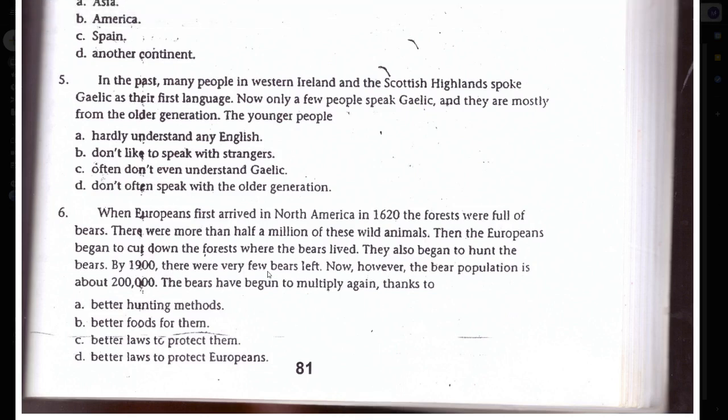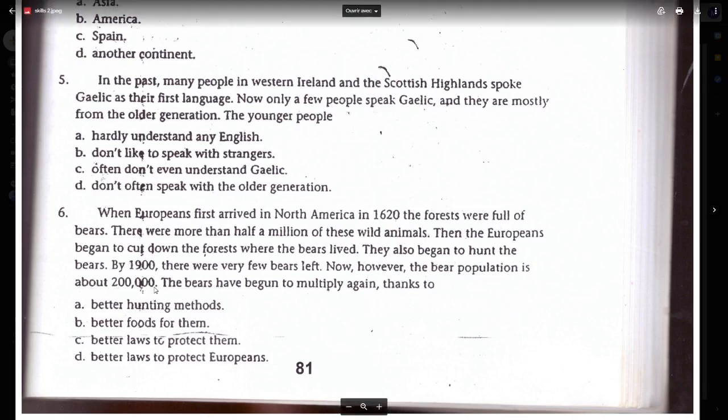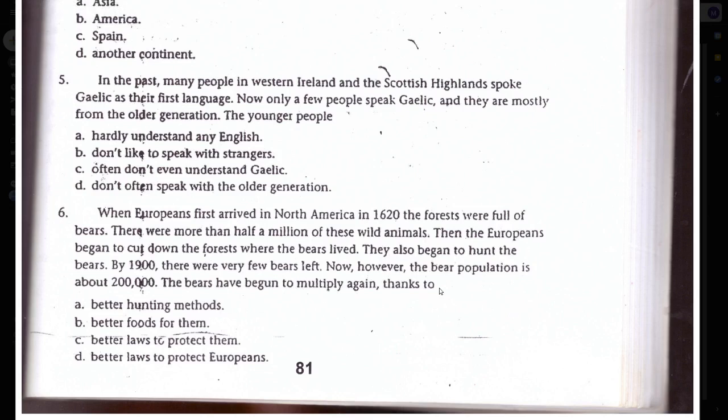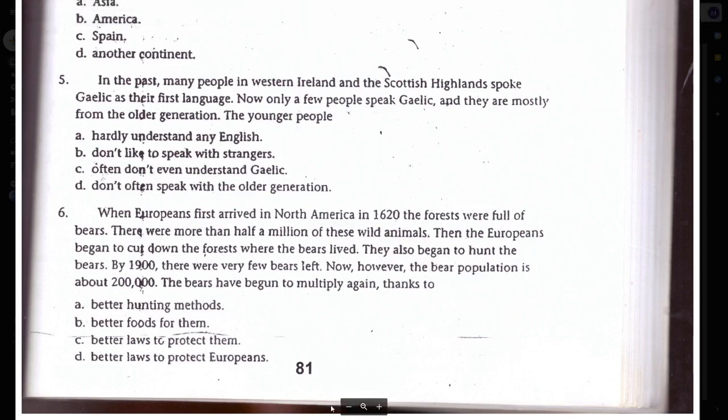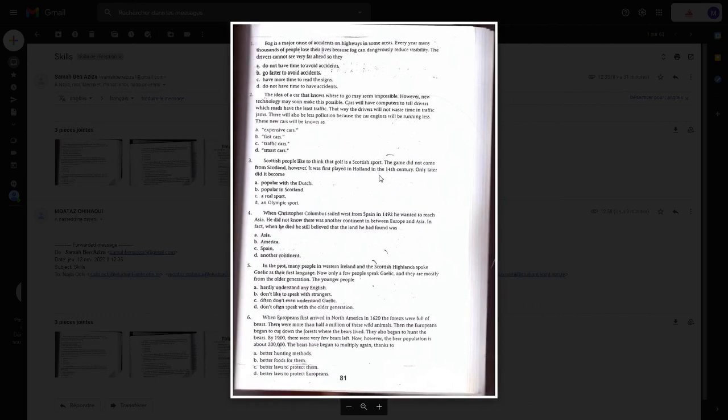Very good. Better laws to protect them. Okay. Yes.